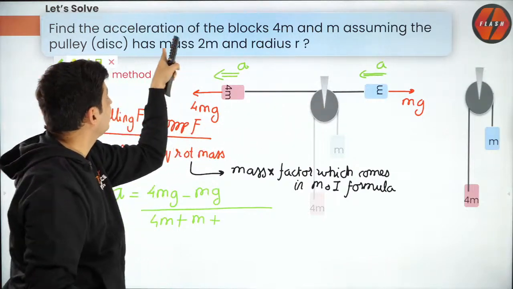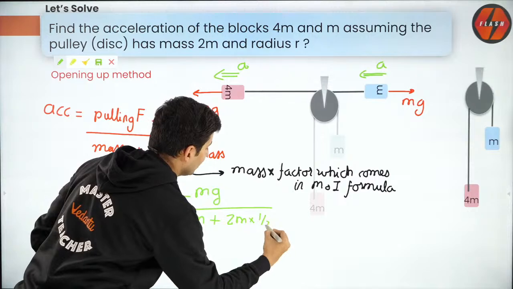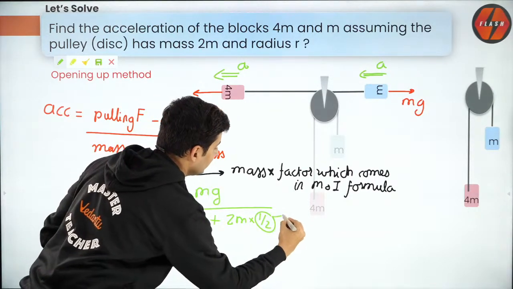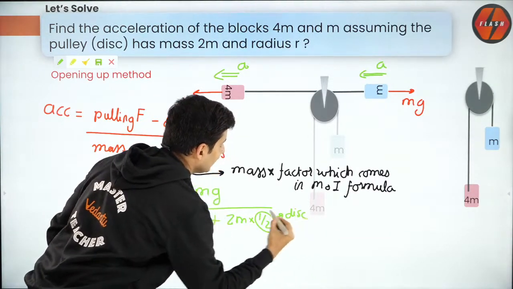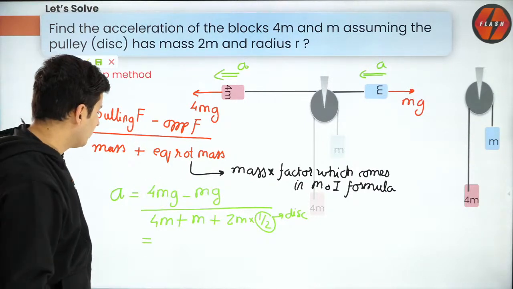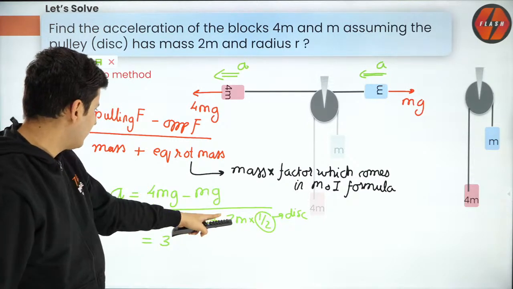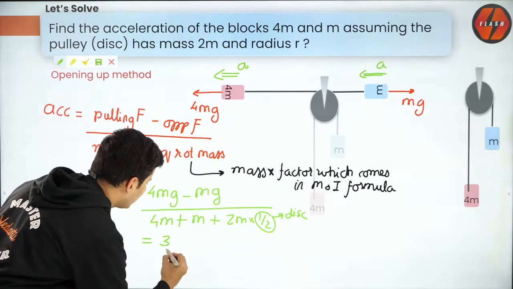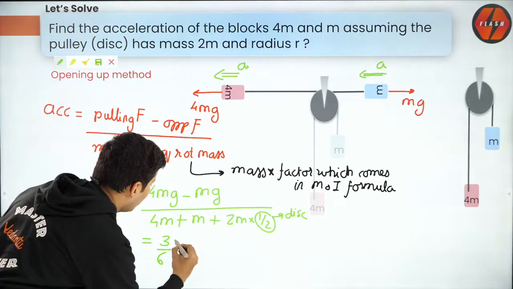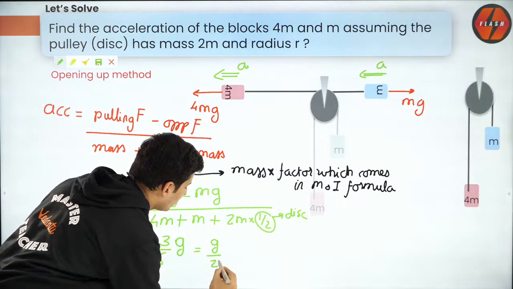What is the mass of the disk? 2m, but multiplied by half. Why this half? Because it's a disk. That's the shortcut. Now do this and see what answer you get. I think this will become 3 and this will become 5 and this will become 6. So 3 by 6 g, m cancels, and that will give you g by 2. That's the direct answer.